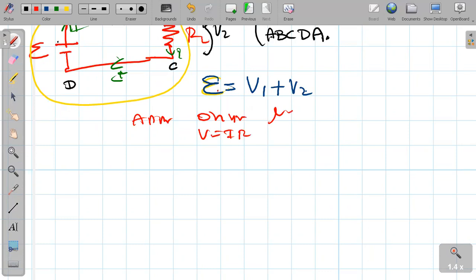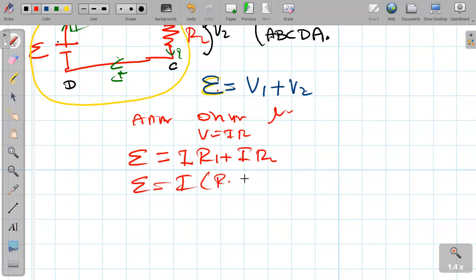So I can write epsilon equals I R1, the same current with R1, plus the same current with R2. I can simplify it as I (R1 plus R2). Can you understand?